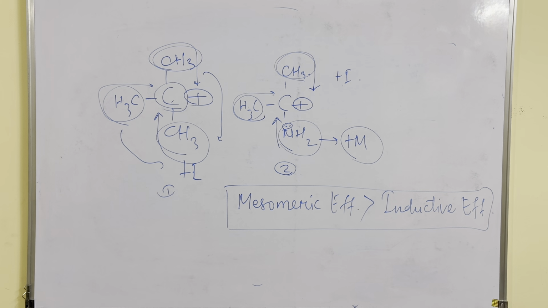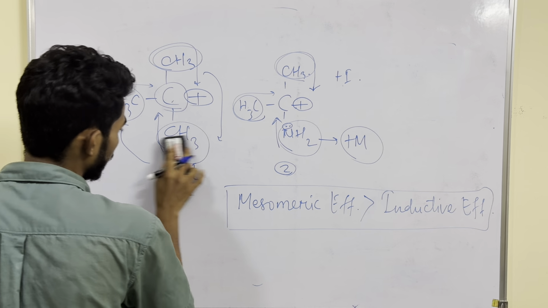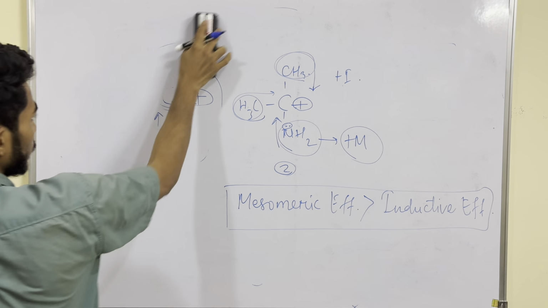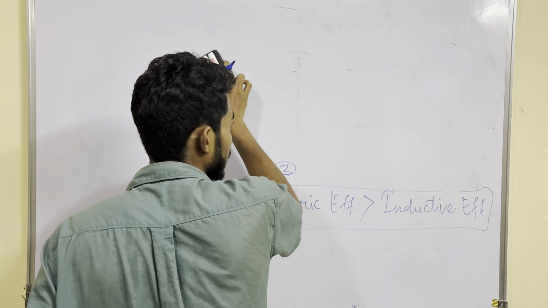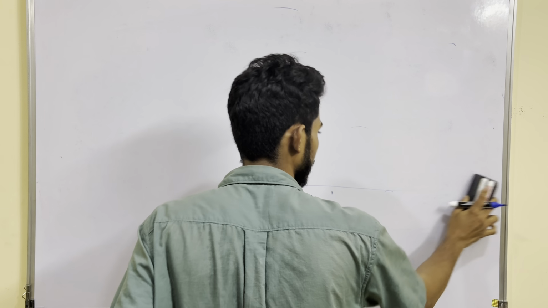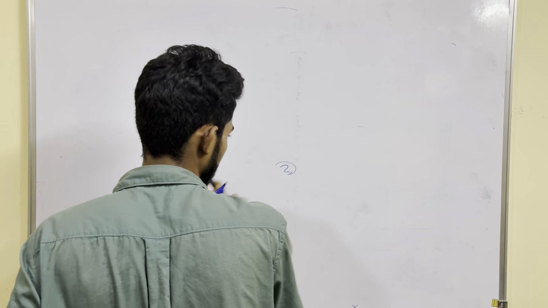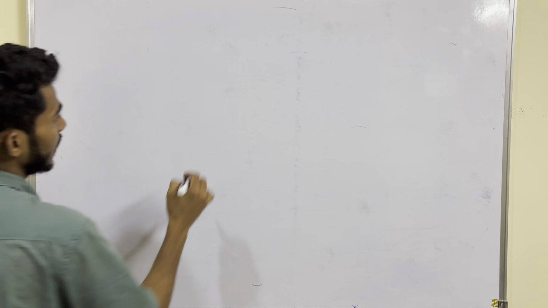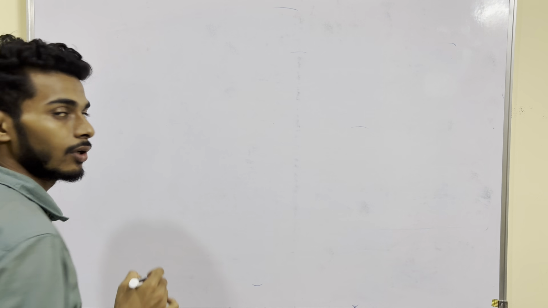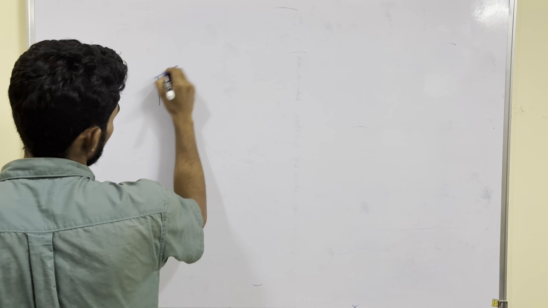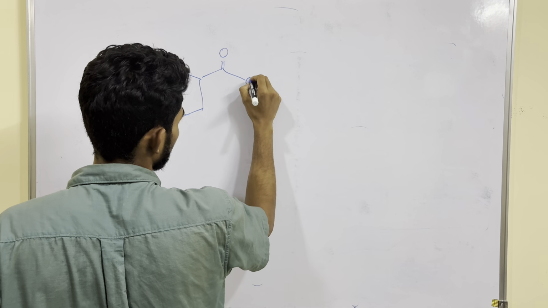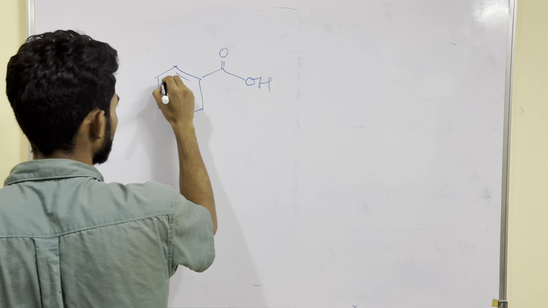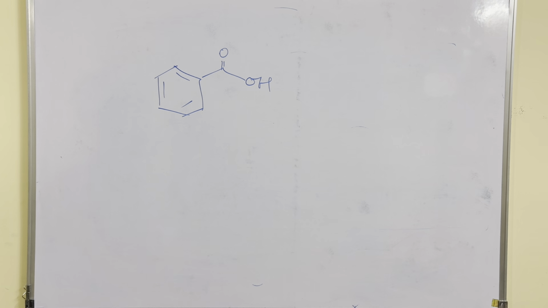Next thing I want to tell you is which one will show more acidity and which one will show less acidity. That is acid strength and basic strength. Before going to acid strength and basic strength, you have to understand what is acid strength. Acid strength is the ability to donate the H+. For example, if you take benzoic acid, okay, this is benzoic acid. In this what will happen?